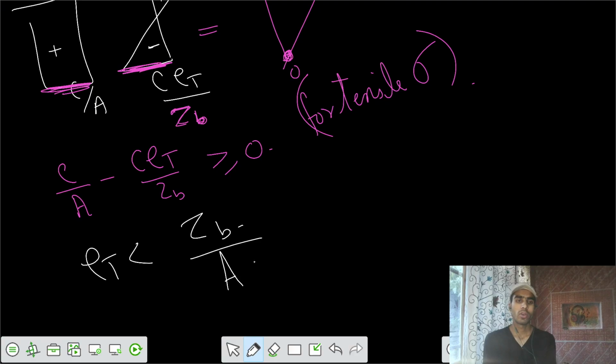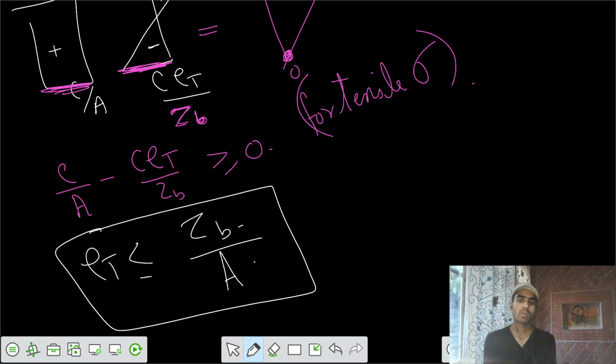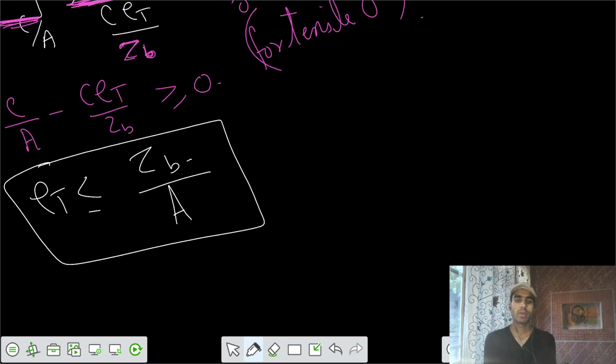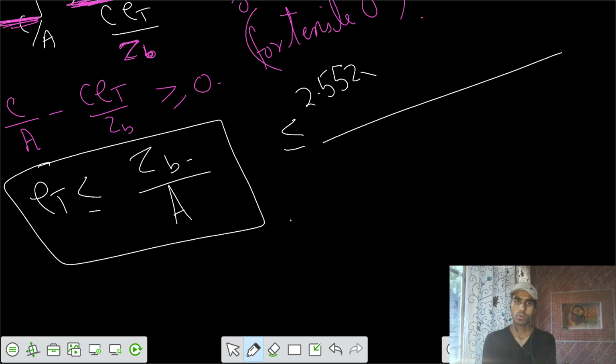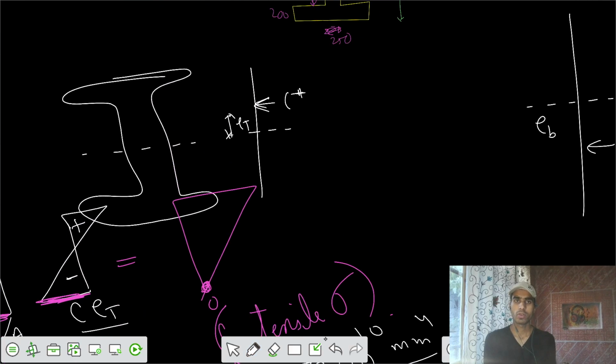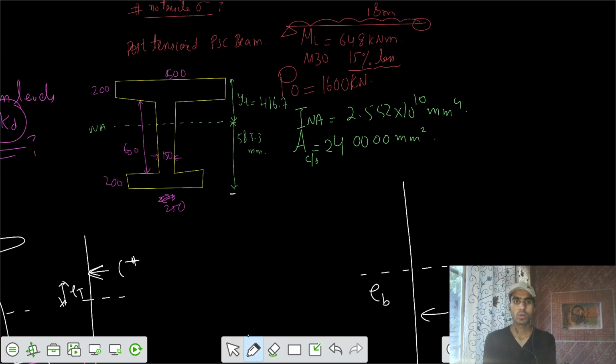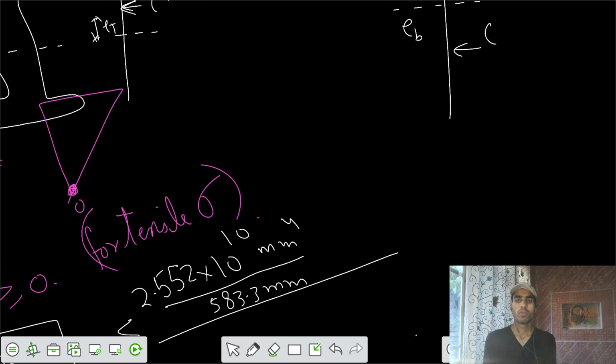If I substitute the values of Z bottom and the area of cross section, your Z bottom was I neutral axis by y bottom. I neutral axis was given to you as 2.552 times 10 to the power 10 millimeter to the power 4, divided by y bottom, which was also calculated as 583.3 millimeters. We already calculated those. This is y bottom, this is y top, and this is your INA neutral axis, and area of the cross section is 240000 times 0.